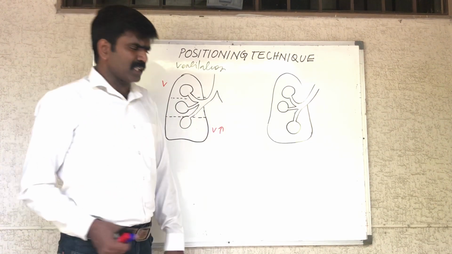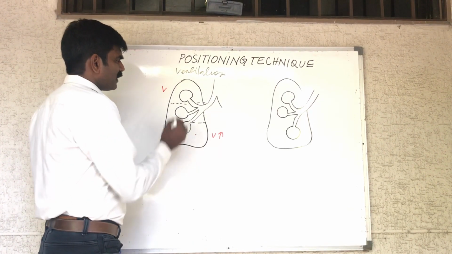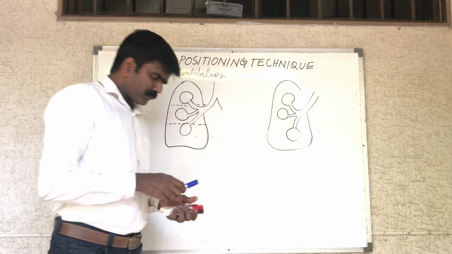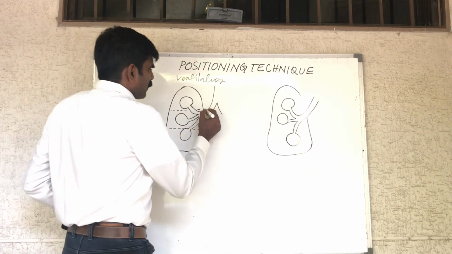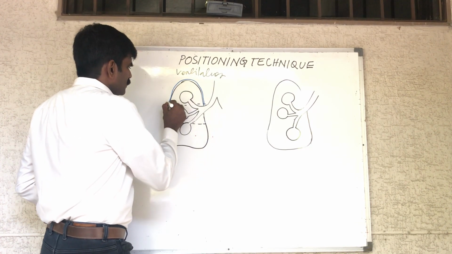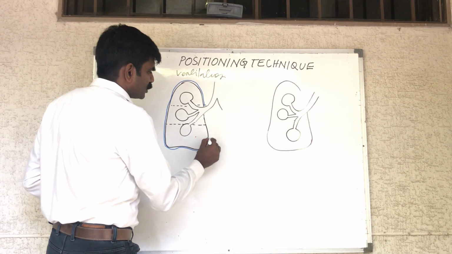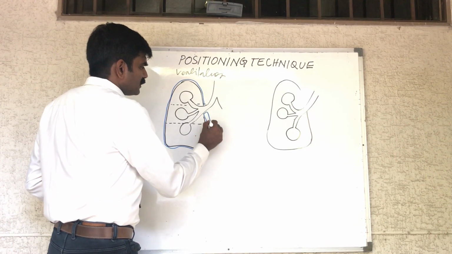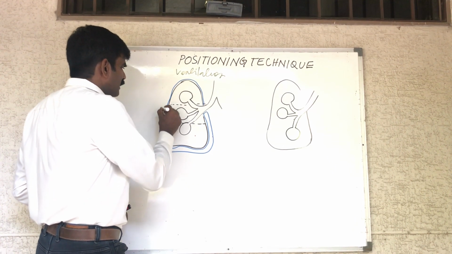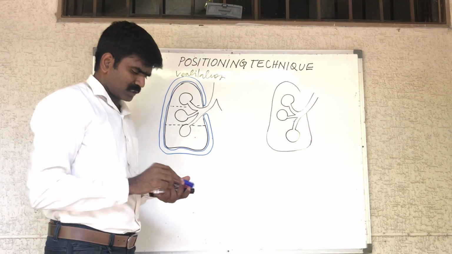So what is the reason why the ventilation is higher in the lower zone when compared to the middle and upper? You know that the lung is covered by the pleura. This is called the visceral pleura, which is lying closer to the lung, and this one is the parietal pleura, which is lying away from the lung, lining the inner surface of the costal ribs.